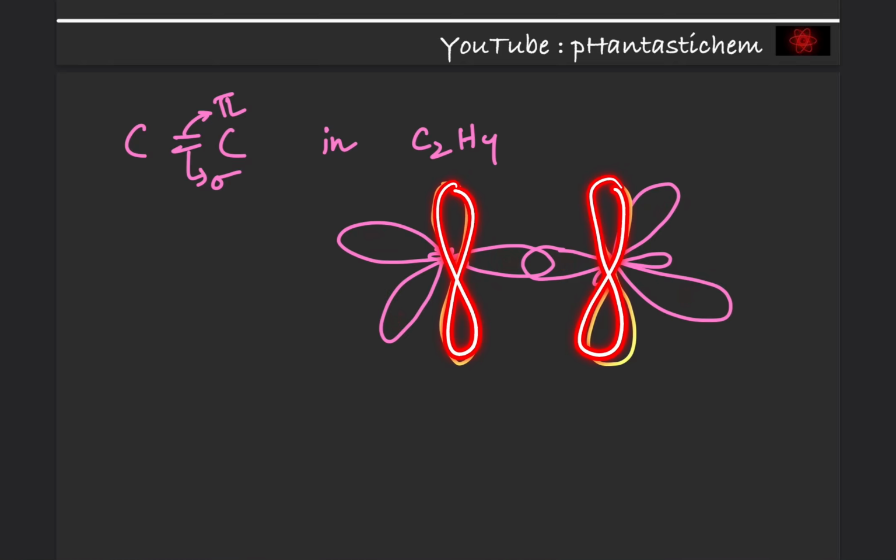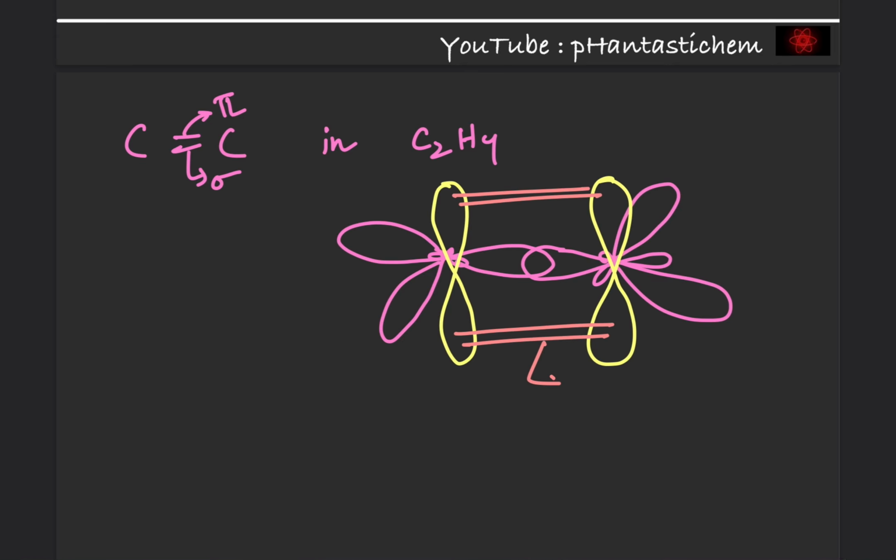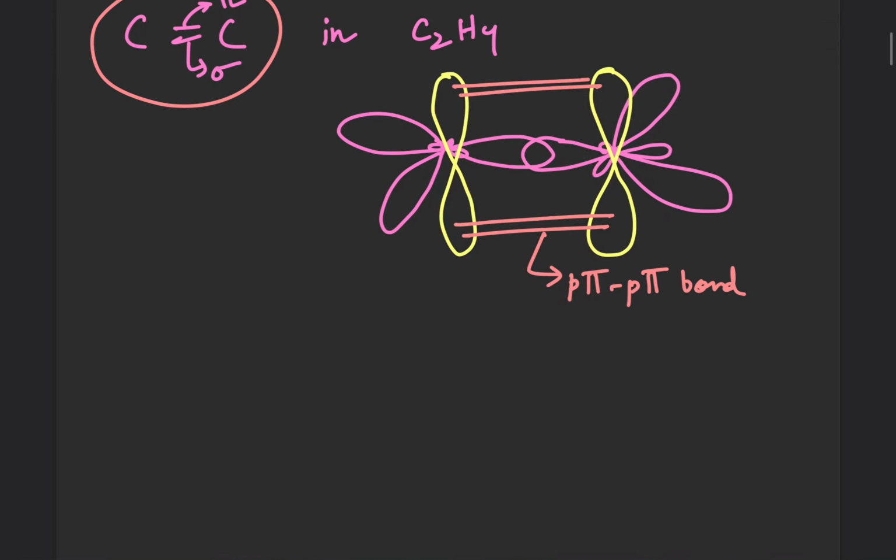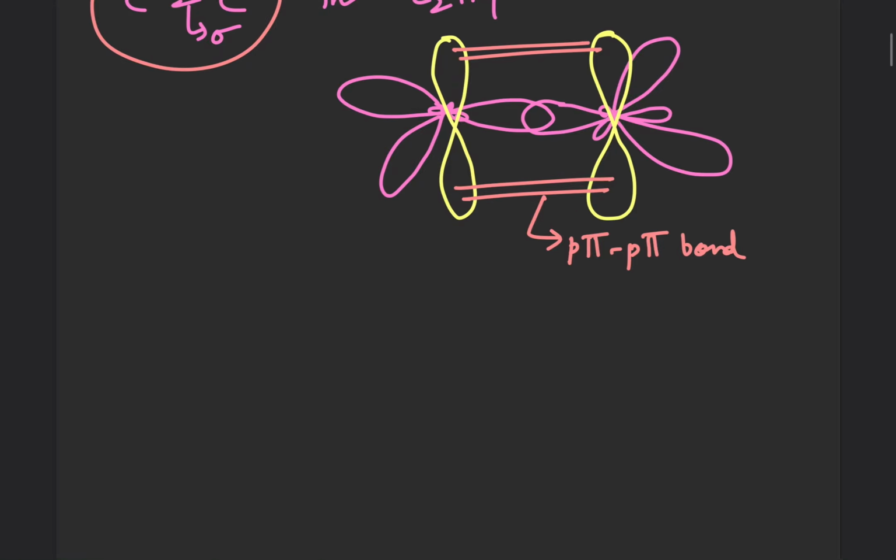And these are the two unhybridized 2p orbitals which overlap laterally, which can be shown like this. And this is the p pi bond which is present in C double bond C. Okay, we can also find p pi bonds in C triple bond C, where the two bonds are pi bonds, which are p pi bonds, which is present in C2H2 ethyne.